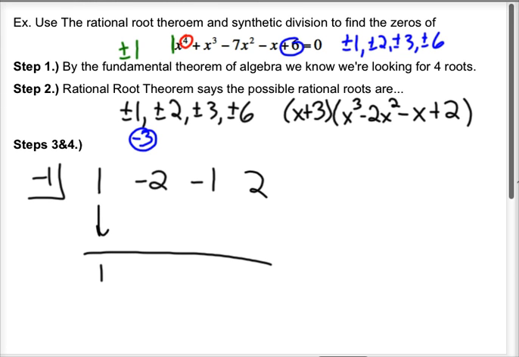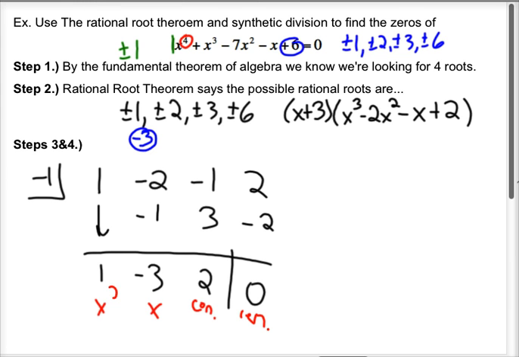Pull down my 1, multiply. Add, multiply by -1. Add, multiply by -1, add, boom. All right, so remainder, which was 0 again, which is what we're looking for. Constant, x, x squared. So we can add -1 to our definite list of zeros.